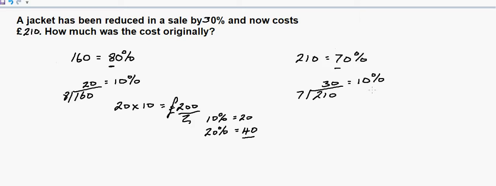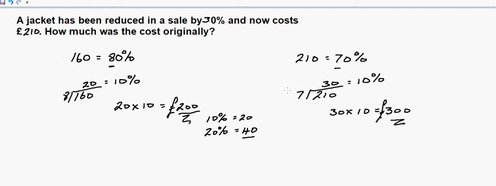So to find 100%, I just multiply this by 10, because 10% times 10 is 100%. So 30 multiplied by 10 gives me £300. Okay, and that's the original price. So it really is that simple.